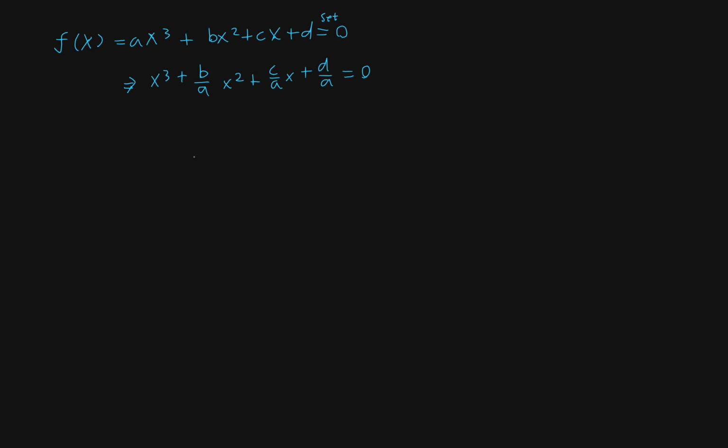What we're going to get, after depressing it, is that this can still be represented in terms of x as x plus b over 3a cubed, plus the first derivative at the inflection point, negative b over 3a, times x plus b over 3a, and then plus the function itself at the inflection point, negative b over 3a, equals 0.